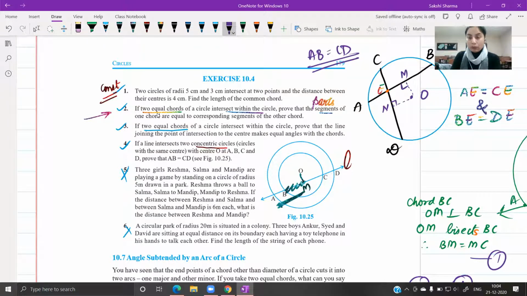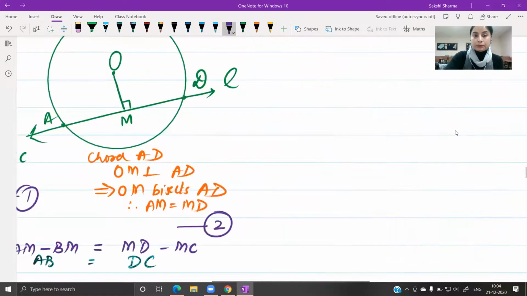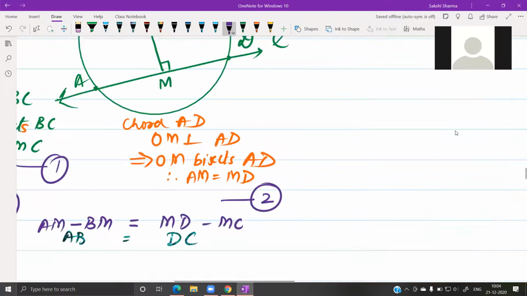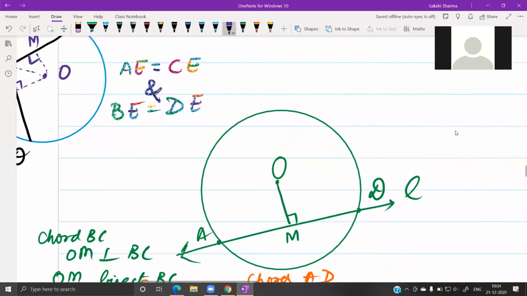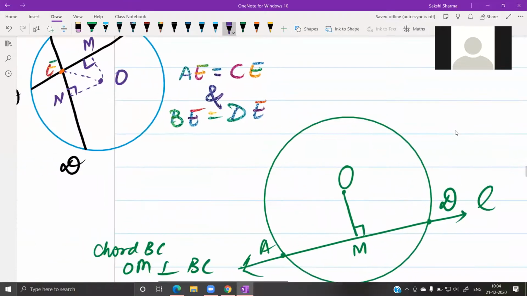Now, I'm going to consider these triangles over here. I'm going to prove these triangles congruent. First of all, let us just focus here. By RHS, they can be proved congruent.